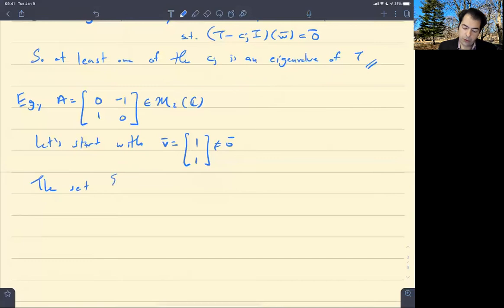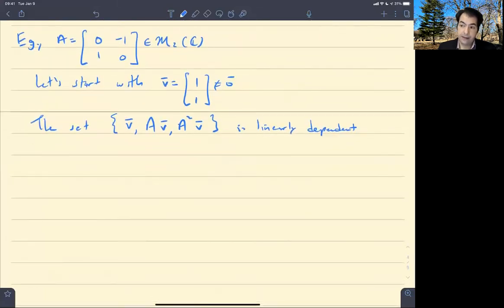In the proof, we noticed that no matter what vector you start with, if you take the vector and apply the linear map to it enough times, you end up with a linearly dependent set. So this set is linearly dependent, just because it has 3 vectors in a vector space of dimension 2.